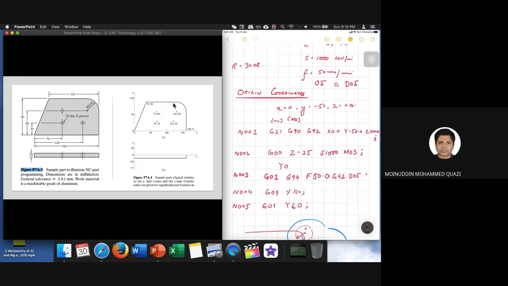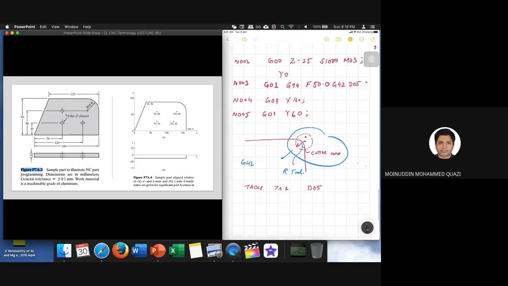This line is at y location 90 and this curve will stop at x equals 130. So the end coordinates are x is 130, y is 90. The radius is also 30.